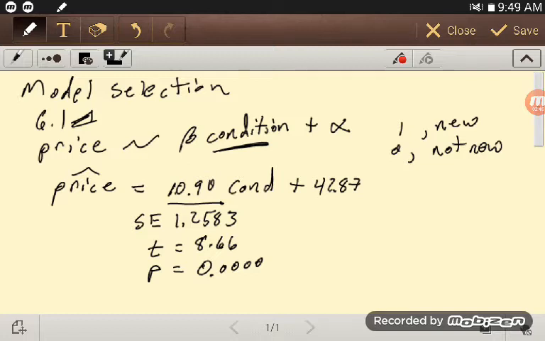So it definitely looks like condition matters a lot. Very small p-value, pretty good size slope.